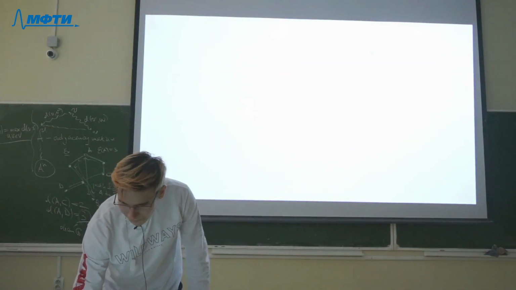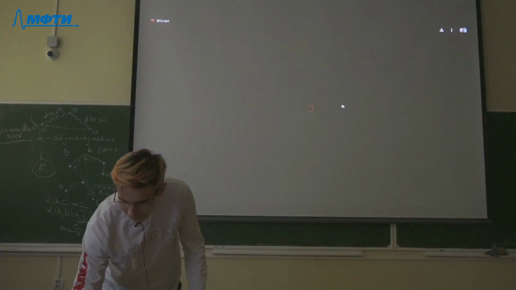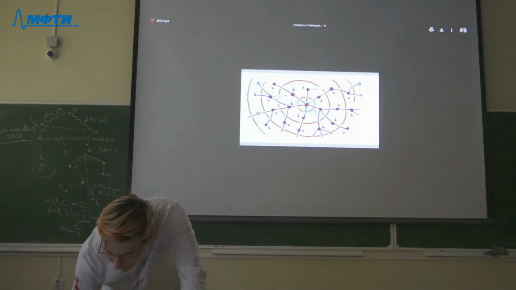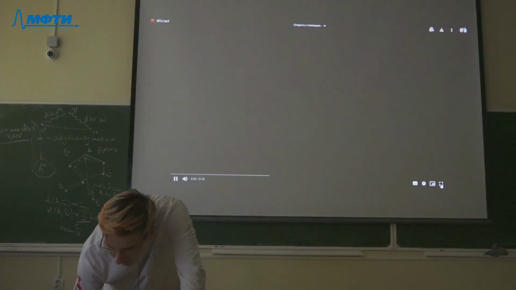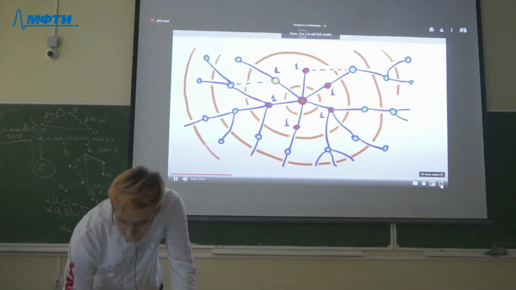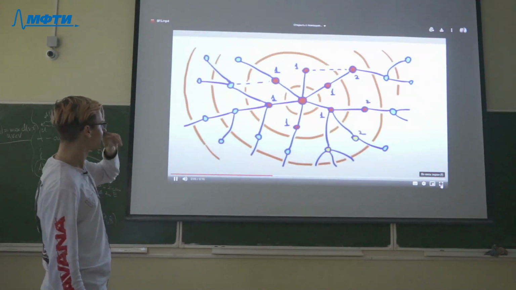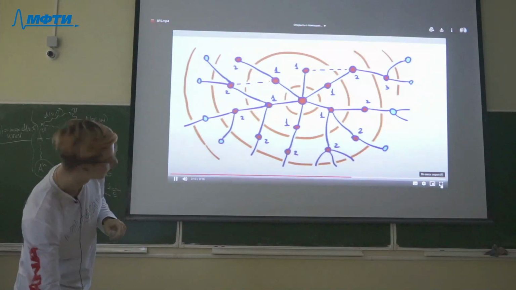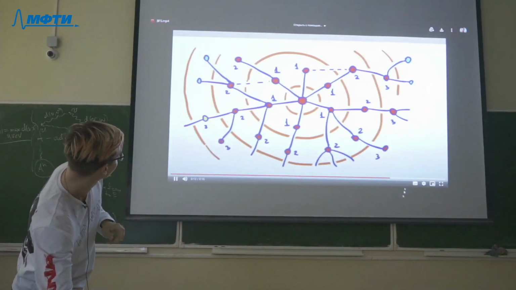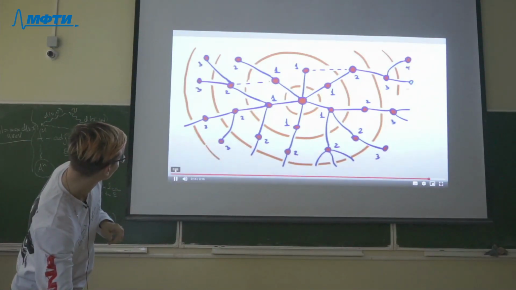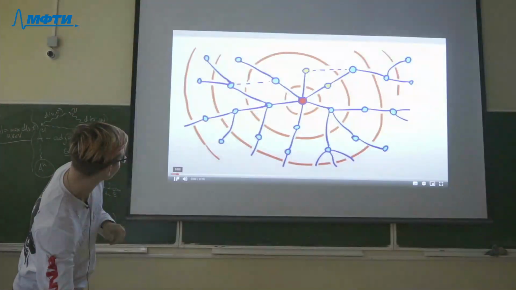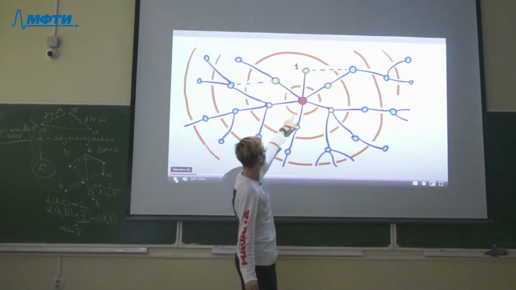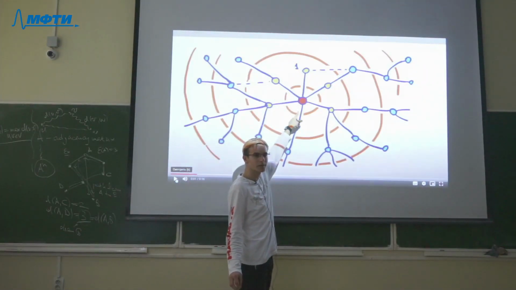Okay, let's see how it works. You can see we have only one vertex in Q at the start of our algorithm.